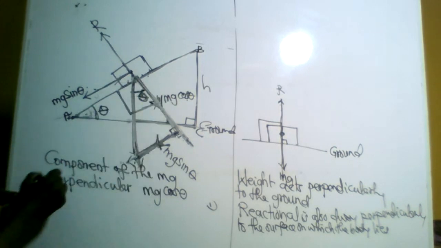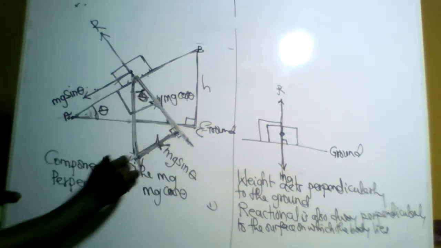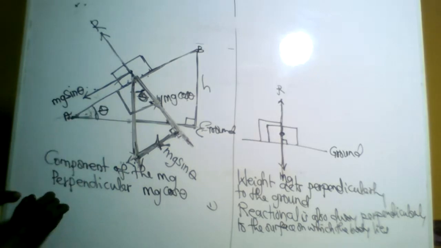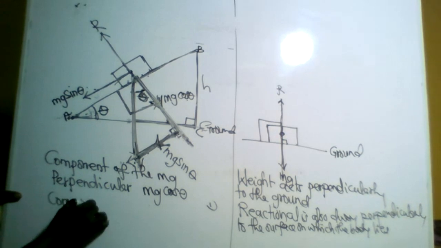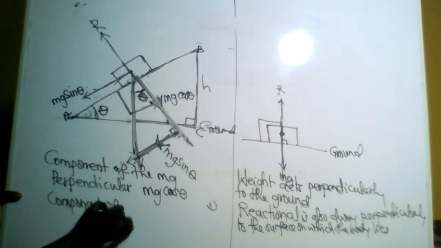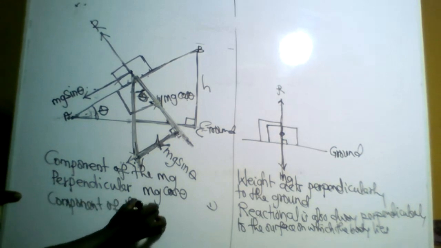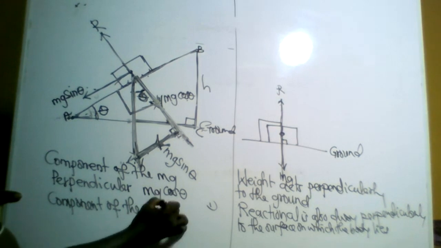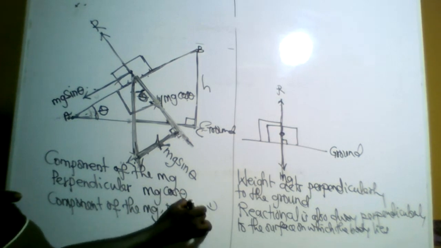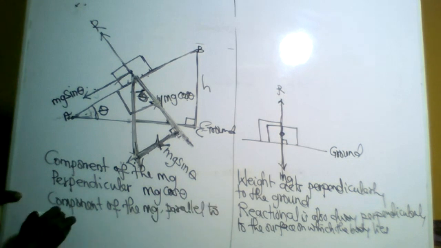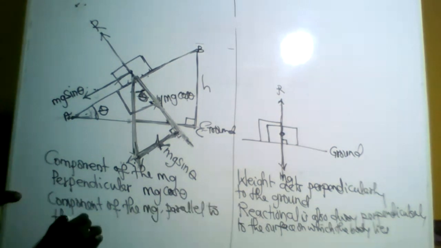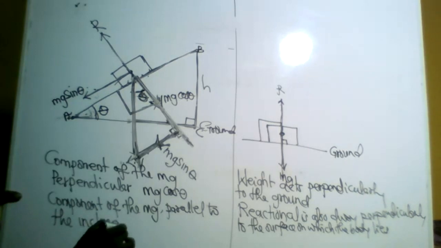So that's it. A component of the weight which is parallel to the inclined plane. Component of the weight parallel to the inclined plane. And what is the component parallel to the inclined plane?